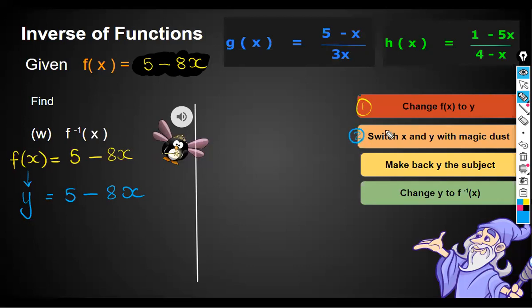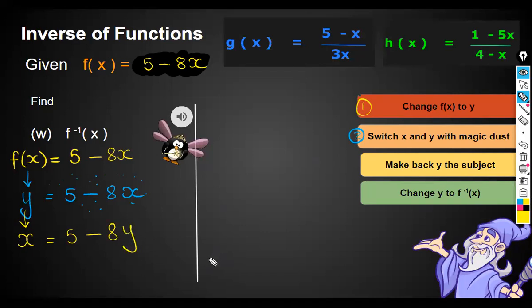The magic dust. We're going to switch the x and y. So apply the little magic dust here. Get a little sound effects here. All right. So when you switch the x and y, the y will change to x, and the x will change to y.